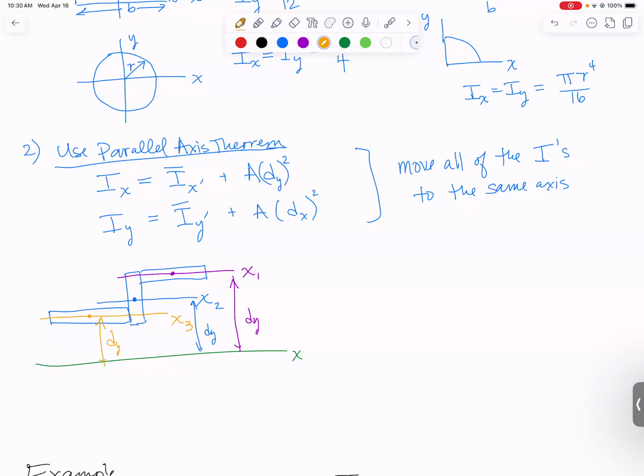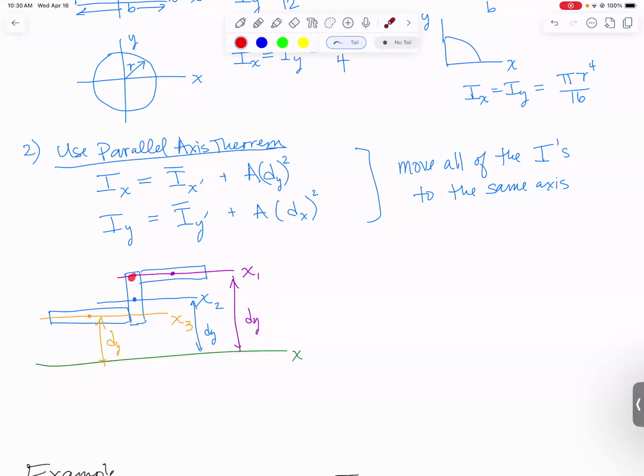So for each of those areas, I'm going to grab the 1/12 bh cubed and calculate it for this area, then add to it this area times this distance squared that gets me from the centroidal axis, I called it the x1 axis, all the way down to the overall global x-axis where somebody asked for the moment of inertia.